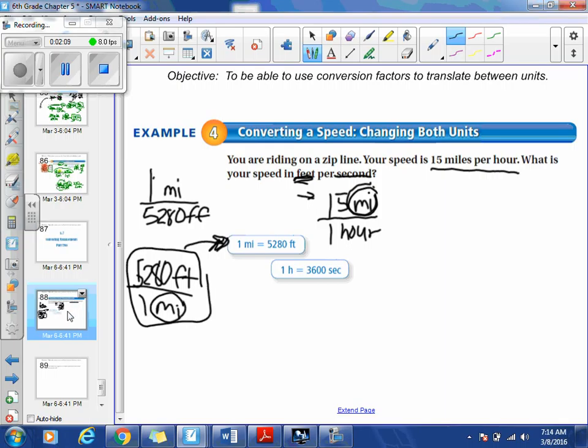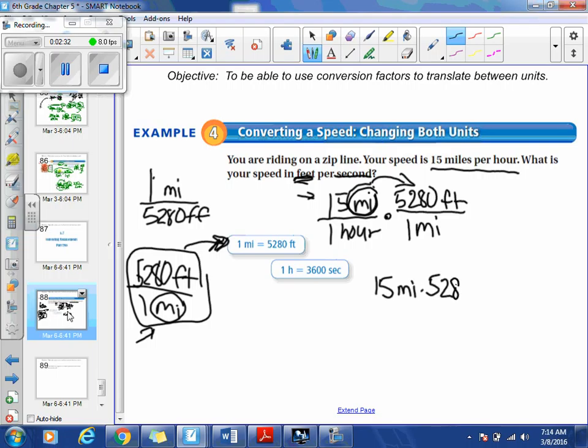So we'll end up dividing miles by miles, which is just 1, and then our miles will be gone. So I'm going to multiply by this conversion factor, 5,280 feet divided by 1 mile.